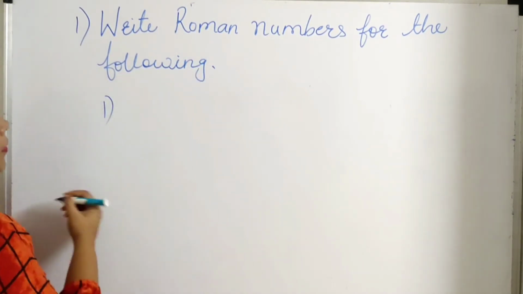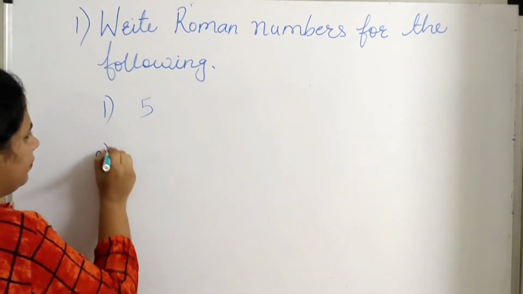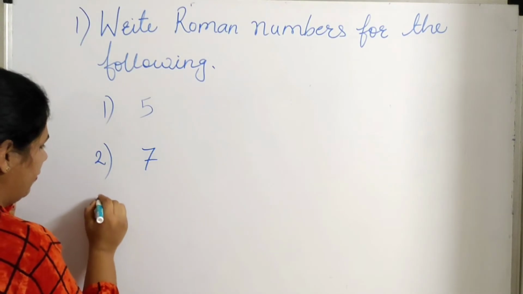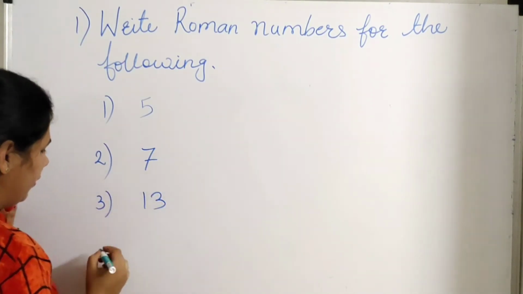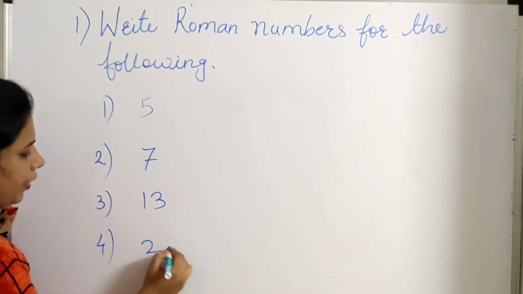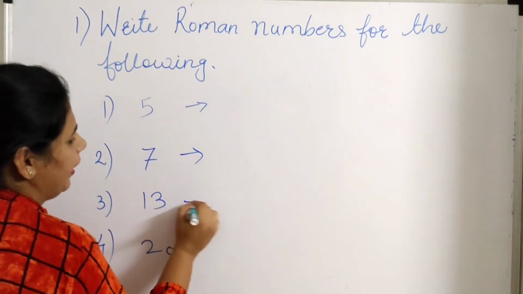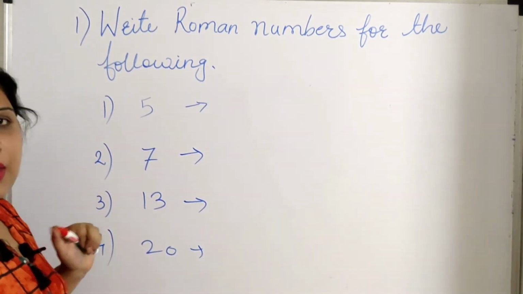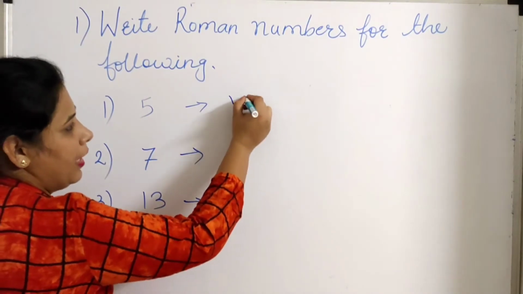I am having the numbers 5, 7, 13 and 20. So how do we write these numbers? 5 will be written as V.